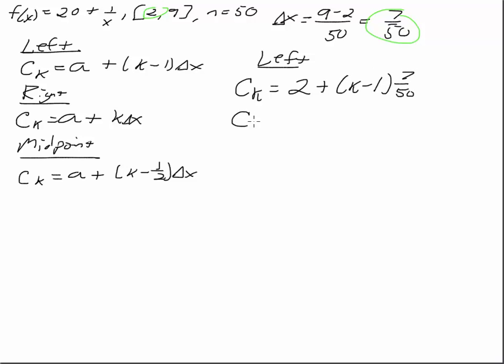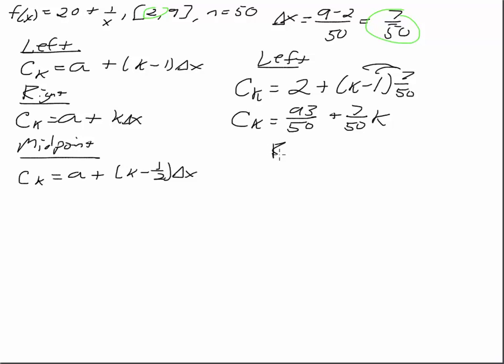And you need to simplify this by distributing and adding like terms. And when you do this, you will get 93/50ths plus 7/50ths K for the left.